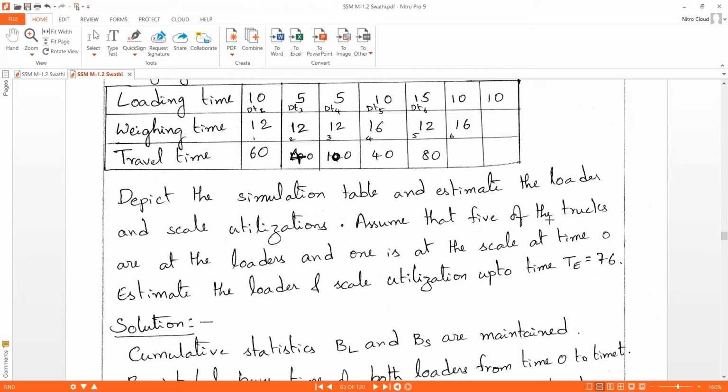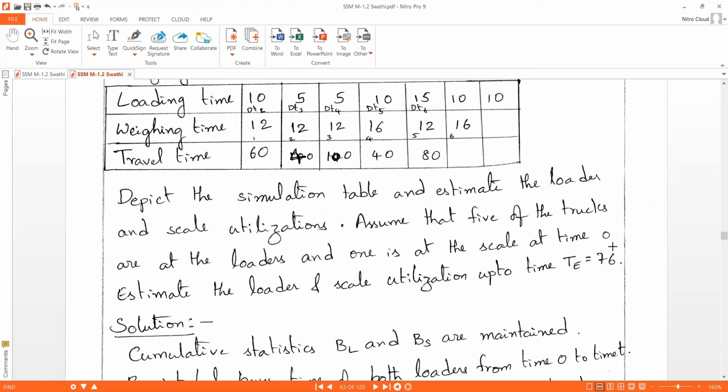Assume that 5 of the trucks are at the loaders and 1 is at the scale at simulation clock time 0. One truck is doing weighing at the scale at time 0, so dump truck 1 is at the scale for weighing.